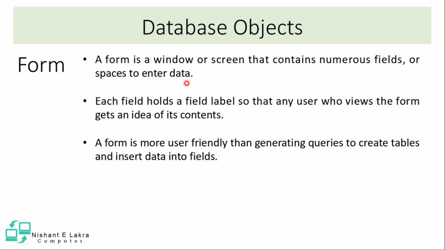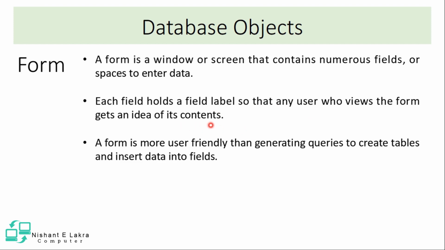In simple words, when you go to get admission in the school, you enter the details in the form, right? And later on, the details from the form are entered in the computer in the office. So that is how a form looks like. Each field holds a field label, so that any user who views the form gets an idea of its content.